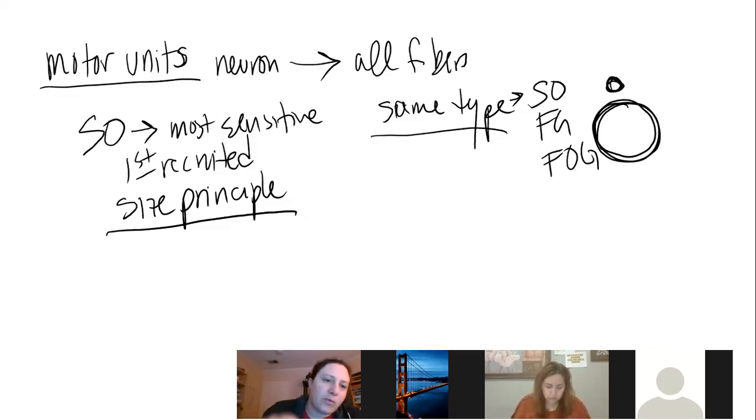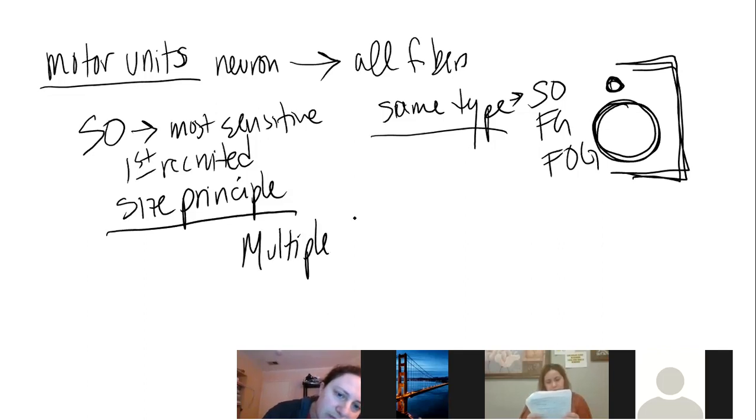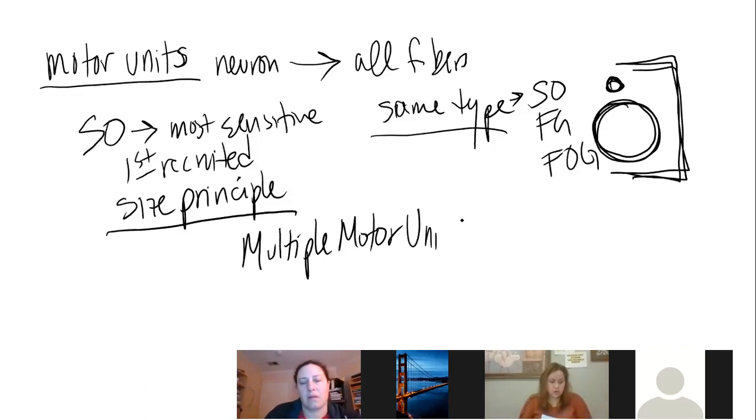So if we need more force than what these guys can provide, then we're going to keep recruiting motor units based on the size principle, which is also based on muscle fiber type, until we get everybody recruited, right? So we call that multiple motor unit summation, or spatial summation. There's a lot of names.